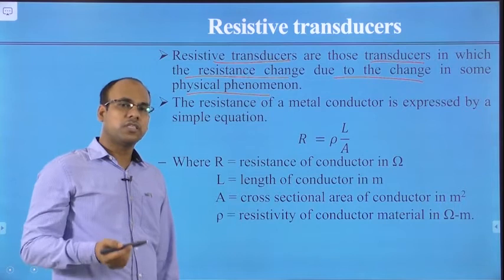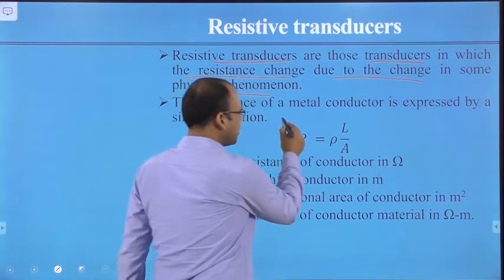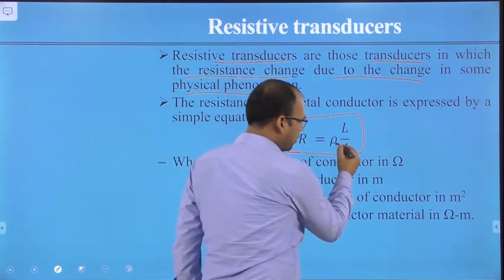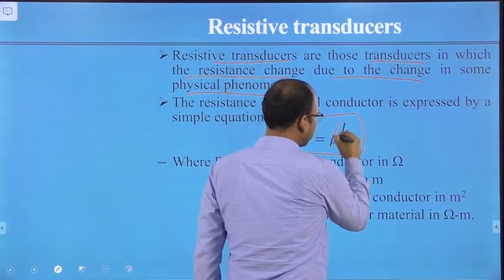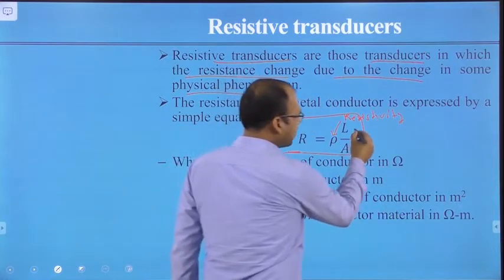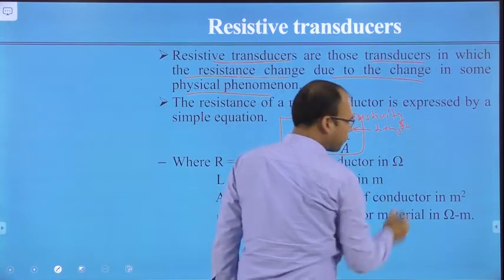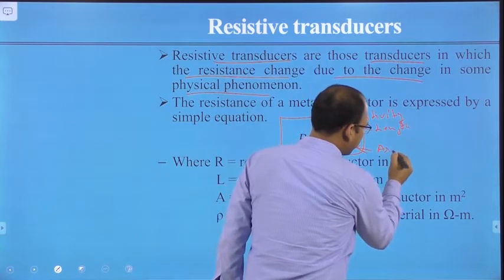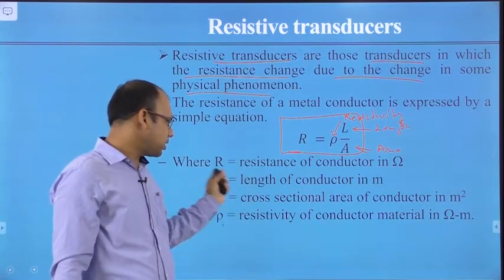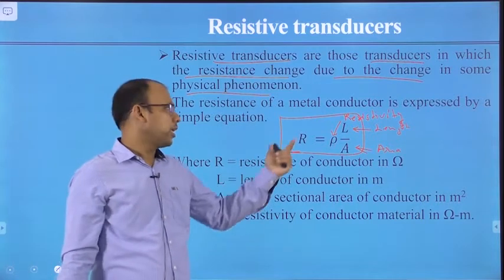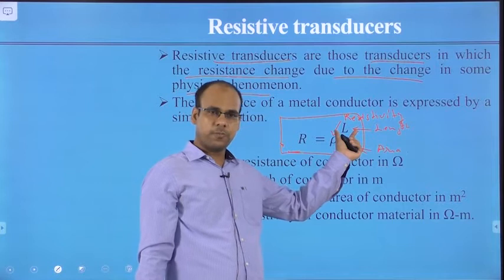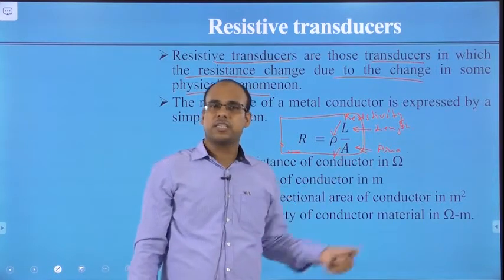Whenever we talk about the change in resistance, we are talking about the resistance equation, a very common one: resistance R equals rho L by A, where rho is the resistivity, L is the length of the conductor, and A is the area of cross section. To change the resistance, we can change the area of cross section, the length of the conductor, or the resistivity.